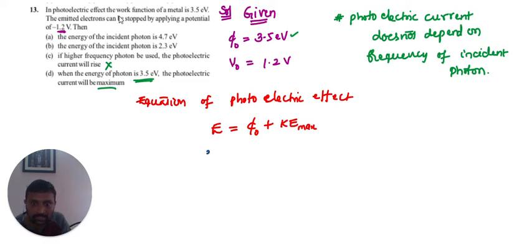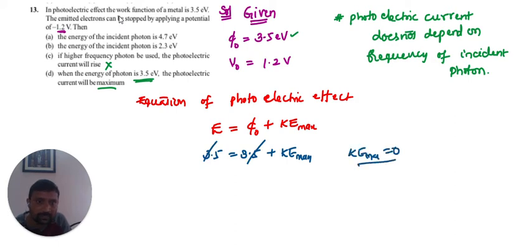So this is 3.5 electron volt, this is also 3.5 electron volt, and they cancel. Now KE max equals 0. That means when the electrons are emitted in the photoelectric emission, they do not have kinetic energy, which means there is no flow of charge, in the sense there is no current. So option D is also wrong.